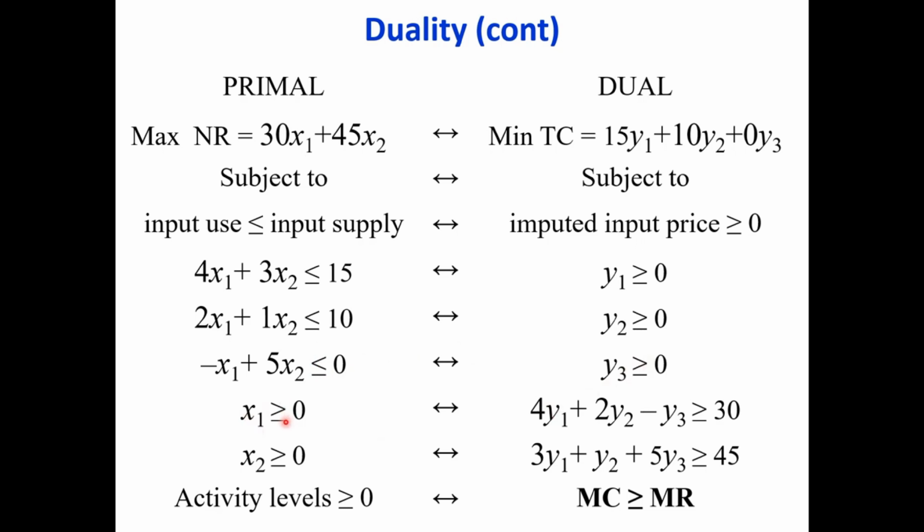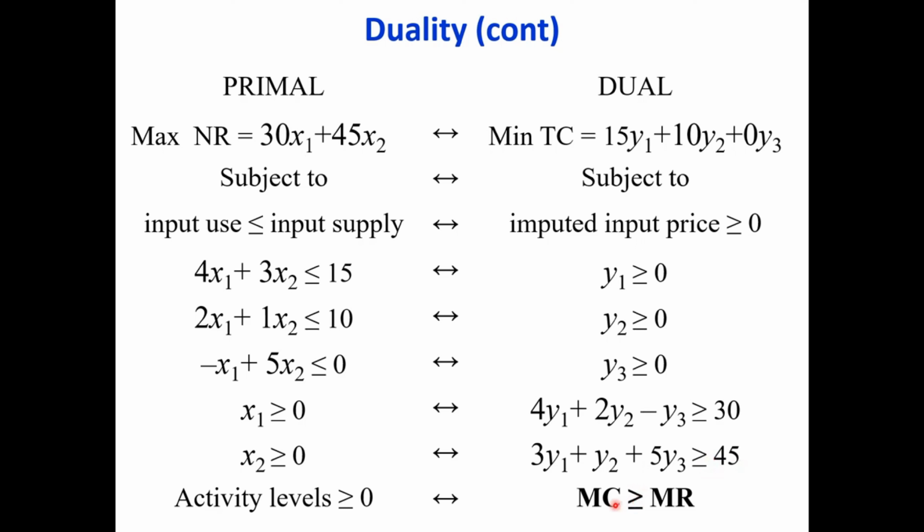Because x1 is greater than or equal to 0, we have the constraint that 4y1, 2y2 minus 1y3 greater than or equal to 30, where 30 is up here. And with x2 greater than or equal to 0, we get 3y1, 3 comes from there, 1y2, and 5y3 greater than or equal to 45.